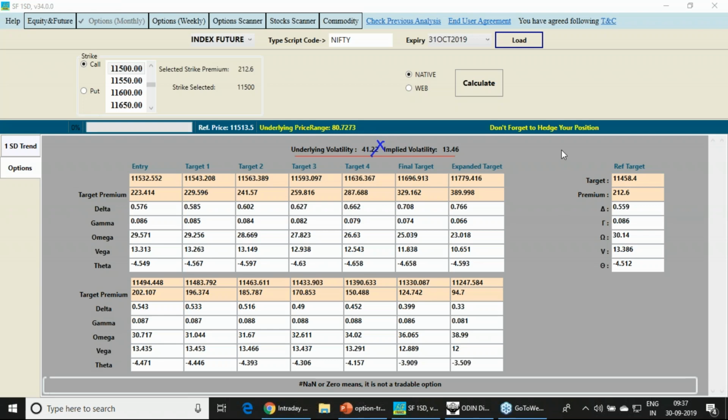So this 80 rupees of expectation is derived from intraday, real-time volatility only. This has given you the clue that above 223 this particular call option can be bought, with a stop loss of 202, and these are its targets.